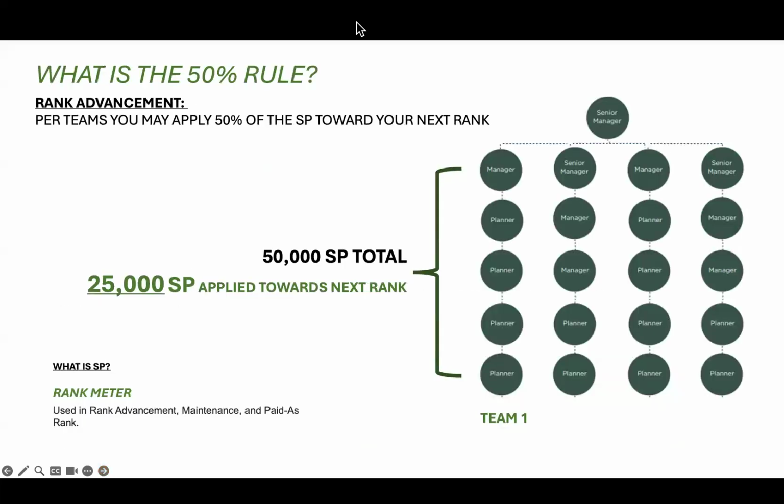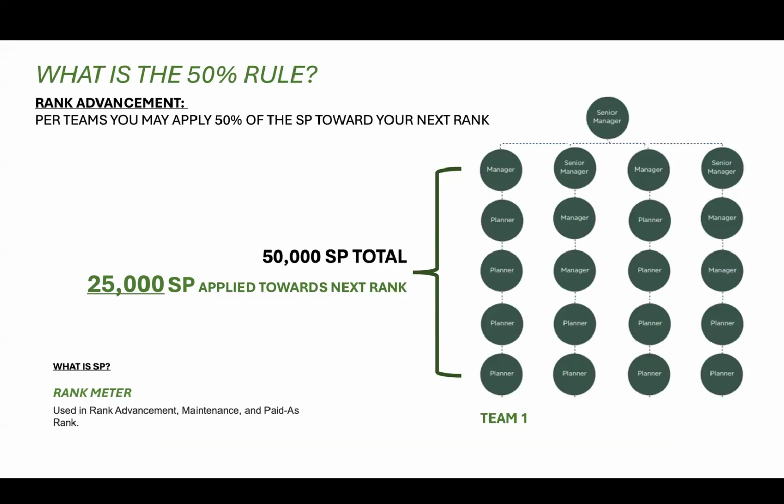Now we have something called the 50% rule. What is the 50% rule? When you're rank advancing, you know how we're calculating SP. For rank advancement, it's per team. You may apply 50% of the SP toward your next rank. What that means is when you're building a leg, one leg is a separate team or organization you're building.